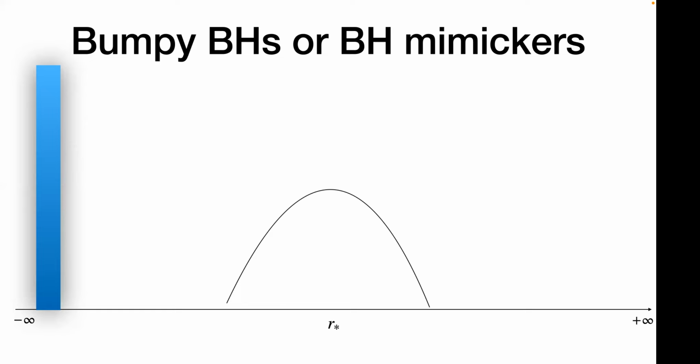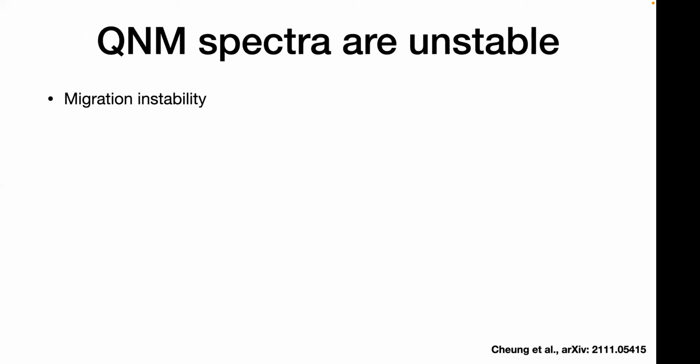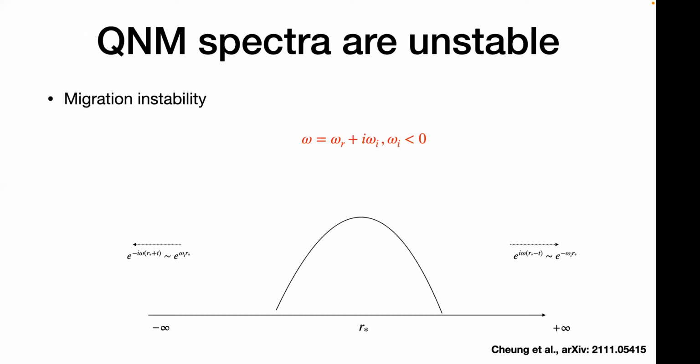And it turns out that the quasi-normal spectra are unstable. The instability can be divided into two classes. The first one is called the migration instability. To understand what's going on here, let's first recall the definition of the quasi-normal mode. We have asymptotic behaviors at both boundaries.